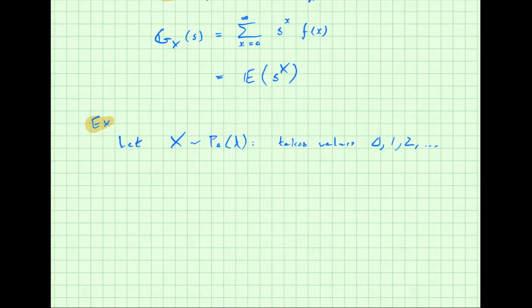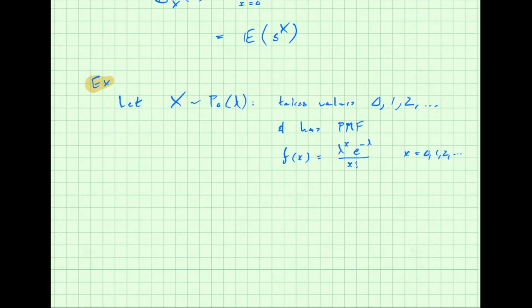So it takes these values and it has PMF f of x equal to lambda to the x e to the minus lambda divided by x factorial, for little x equal to 0, 1, 2, and so on. That's just the definition of the Poisson distribution.